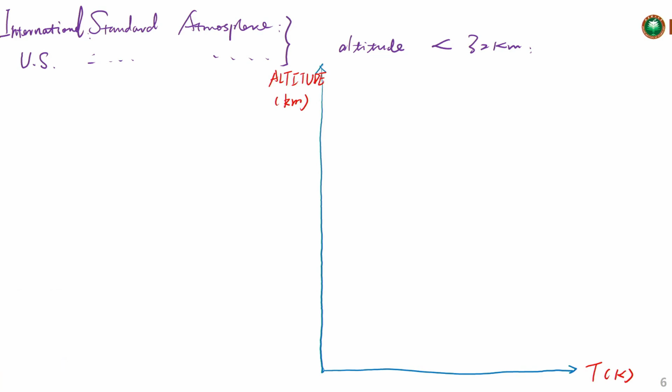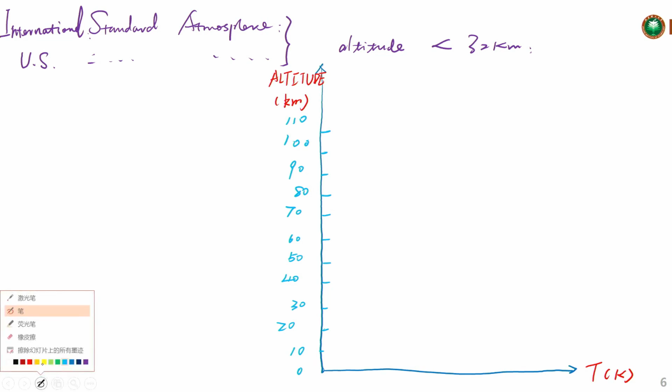Now we separate it into lengths: 0, 10, 20, 30, 40, 50, 60, 70, 80, and above 80 there is a very thick layer, 100, 110.